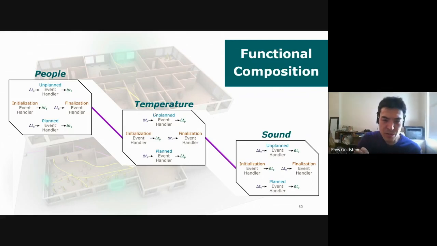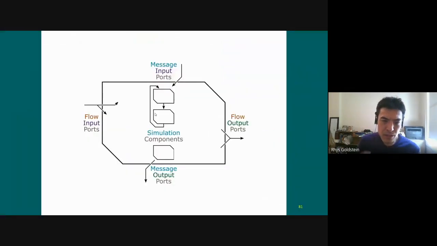The temperature model might have a spatial composition inside, and the sound model a separate spatial composition. But at the top, you usually end up with a functional composition. That's important to keep in mind. So you've got your composite node and simulation components, which could be based on a functional composition.